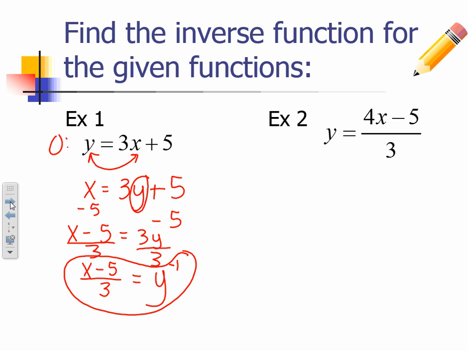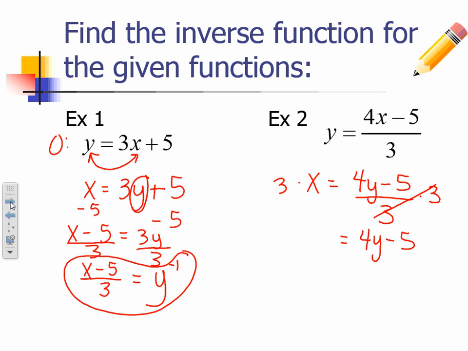So let's look at example 2 here. Same idea. Let's switch the x and y around. So the equation becomes x equals (4y minus 5) over 3. And then we have to solve for the y. To do that, I'm going to multiply by 3 first. I'd have 4y minus 5 equals 3x. Then I would add the 5.